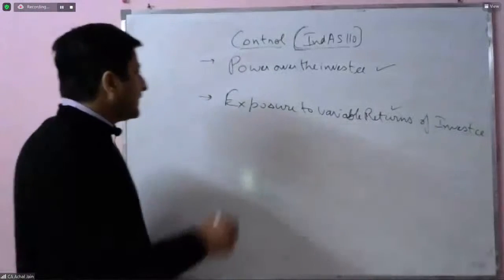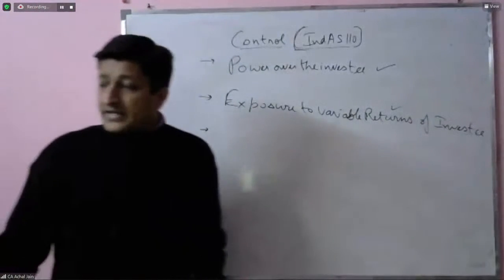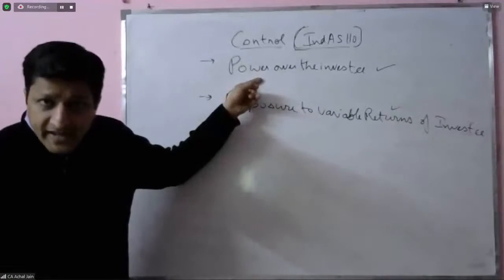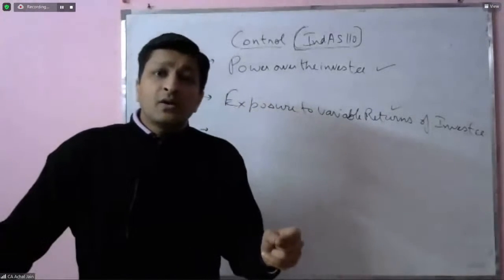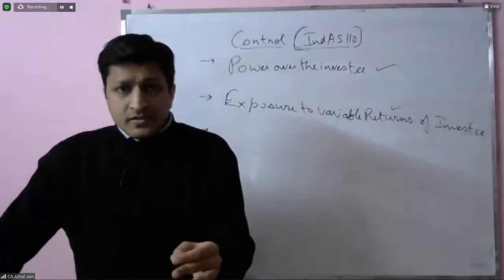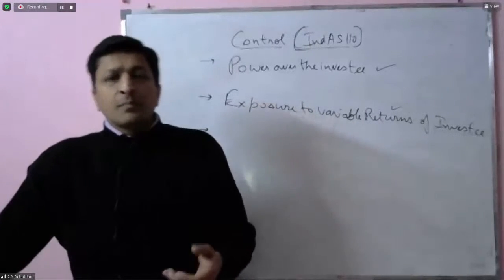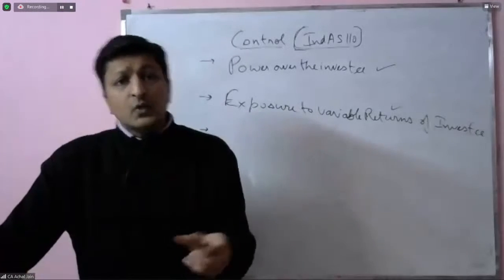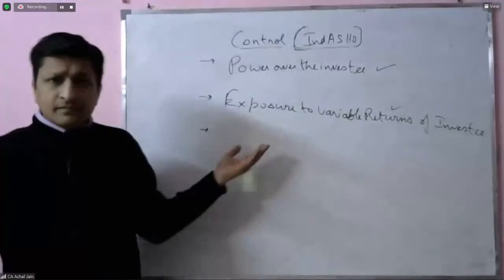Third criteria says, through the power which A has, A should be able to influence the variable returns of C, which is again possible, because if A has power, then A will be able to influence the variable returns of C. Correct?